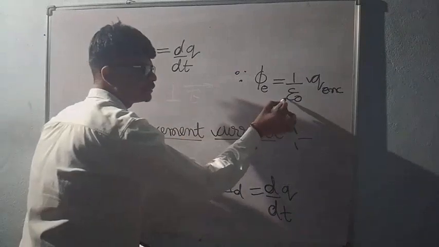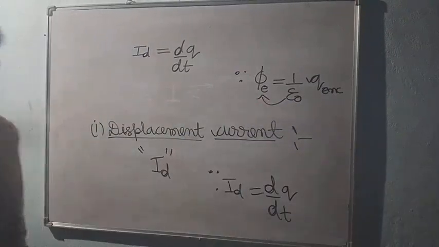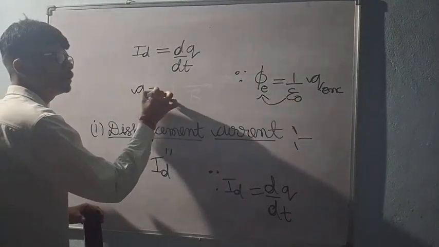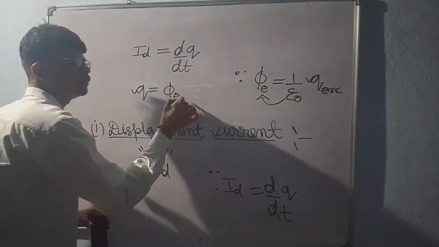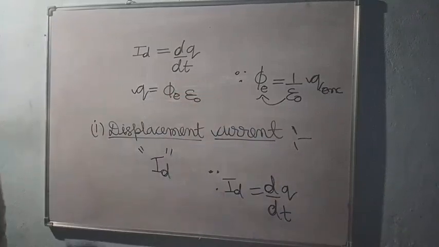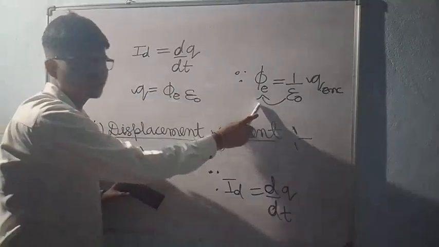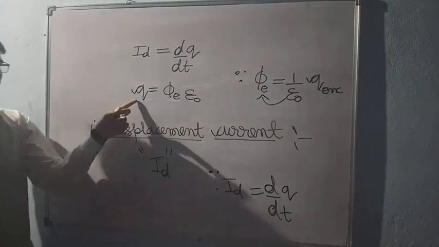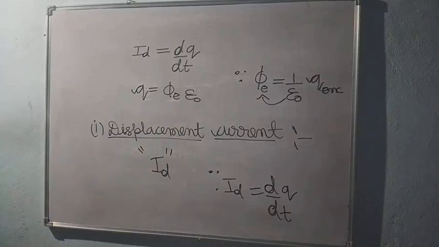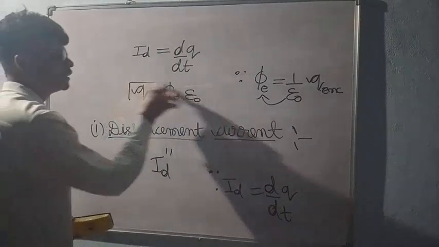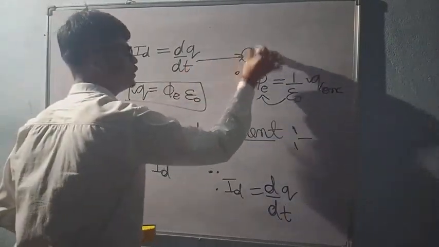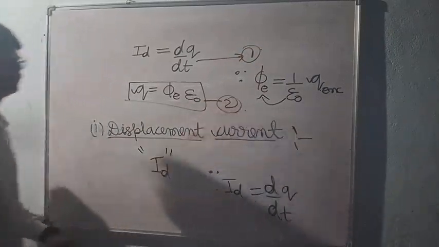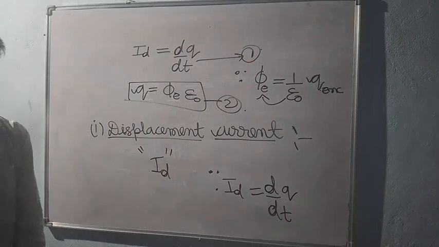So on rearranging, the value of Q enclosed is equal to phi E times epsilon naught. Understand? From Gauss theorem we know that phi E is equal to 1 by epsilon naught times Q enclosed. So the value of Q is phi E epsilon naught. Put this in equation number first, substitute the value of Q from equation number second.